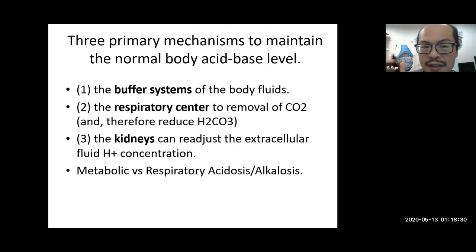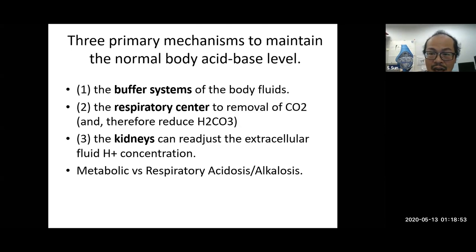Another organ is the lung, the respiratory system, because that removes CO2, and that way we reduce the bicarbonate. So our body has two organs to regulate our body's acidic level.